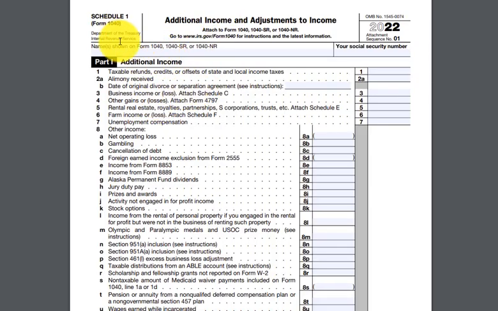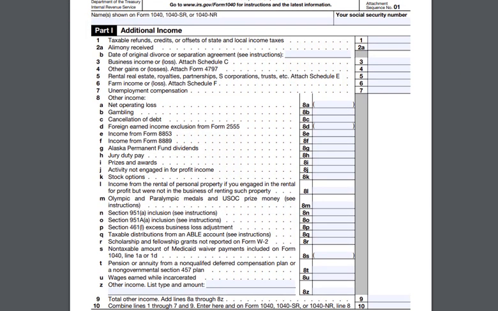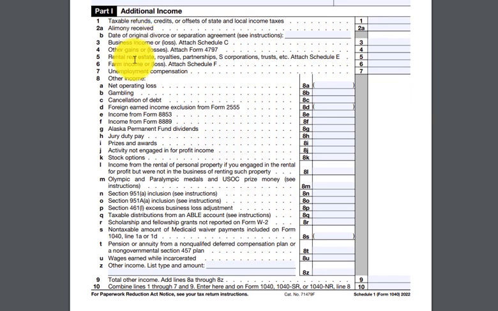This is Schedule 1. Notice that Schedule 1 talks about additional income. We had a few things listed directly on the 1040. This is a whole bunch of other types of income, all of which gets added up and put over on the Form 1040.